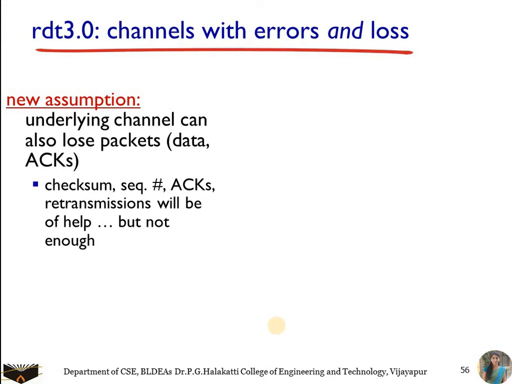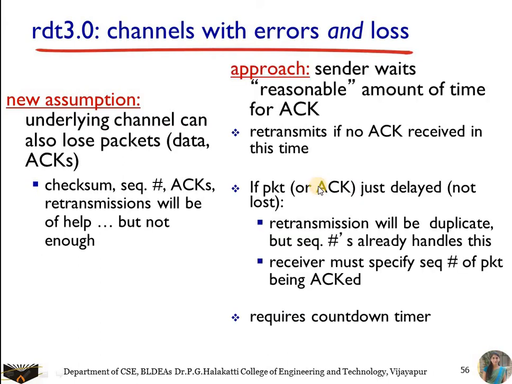So the things we have studied earlier, such as checksum, sequence numbers, acknowledgements, retransmission of the data, are not going to help much. So to overcome the problem of packet loss, we are going for a new approach.